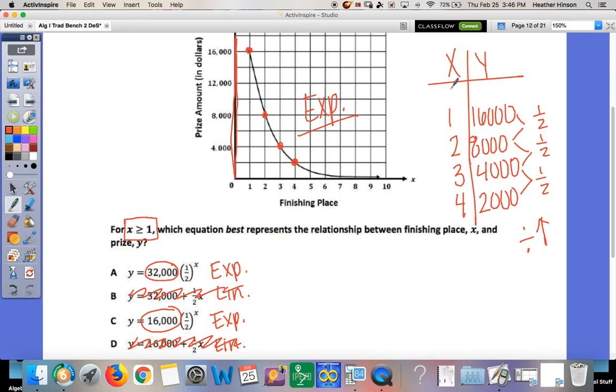However, your y-intercept is still 0. That does not change. So how do we get that y-intercept since it's not on the graph? We're just going to divide up by 1/2. So 16,000 divided by 1/2 is 32,000. So that means our answer is A.